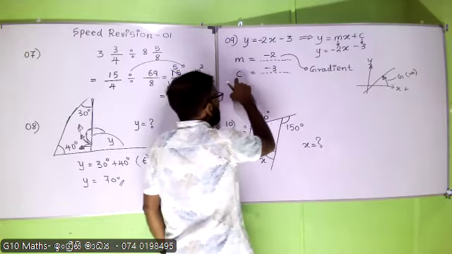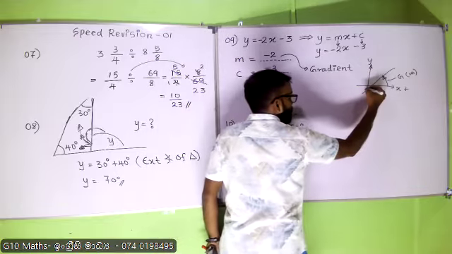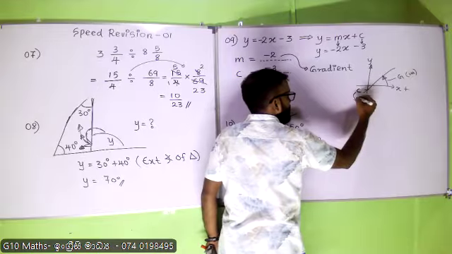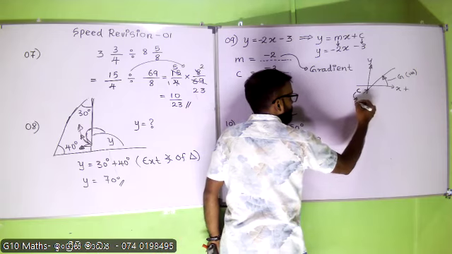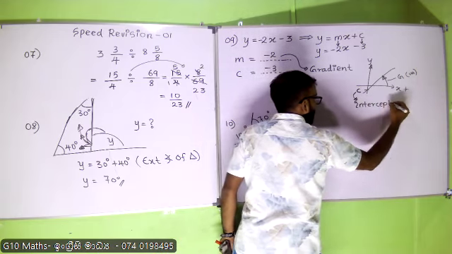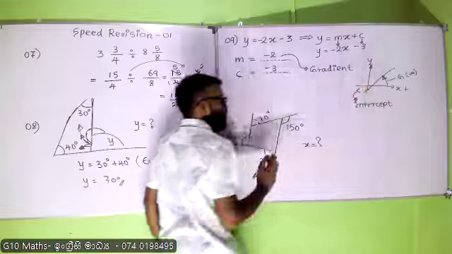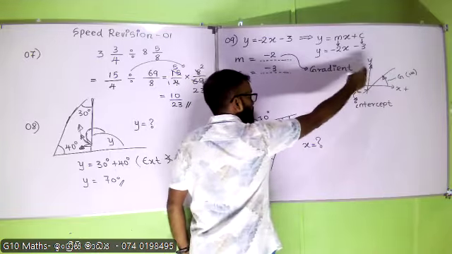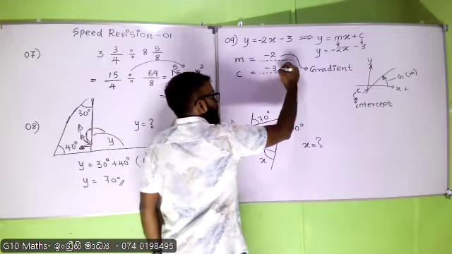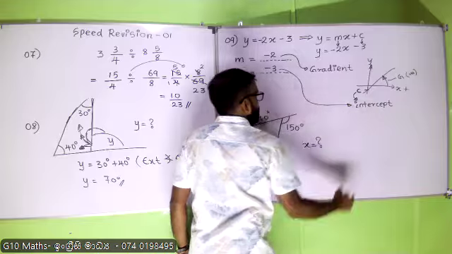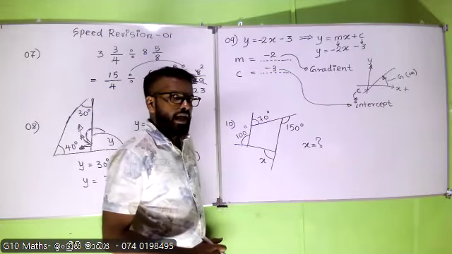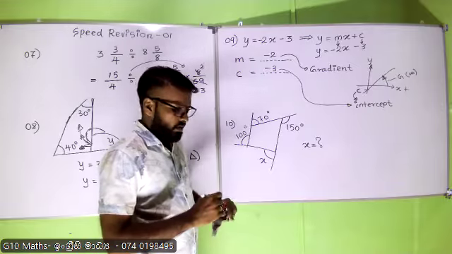C is the intercept, where the graph crosses the y-axis. For your knowledge, c is where the y-axis is crossed. Gradient and intercept. This one, angles of polygon.